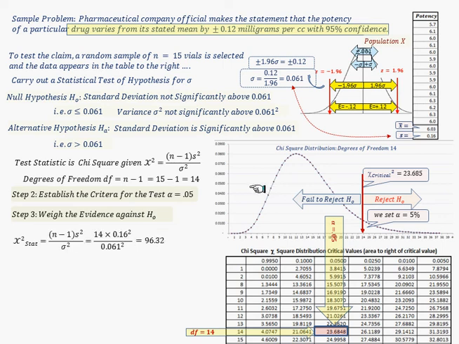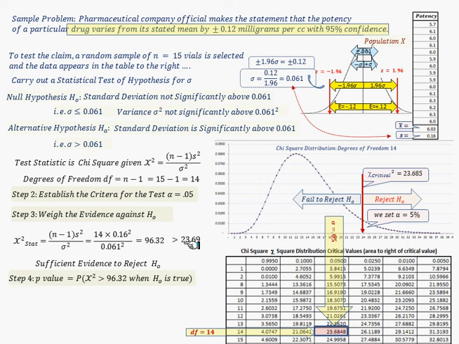Now let's look at the evidence. The evidence is by way of S, which is in the table up here, our sample data. 0.16 versus 0.061 gives a chi-square value of 96 compared to the critical value 23.685. This is sufficient evidence to reject H0.